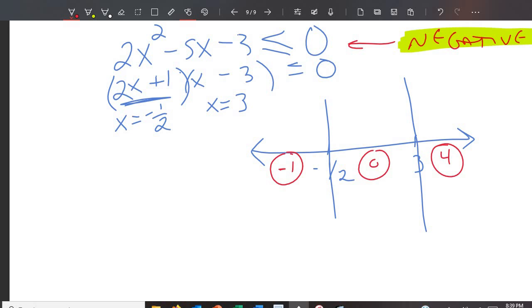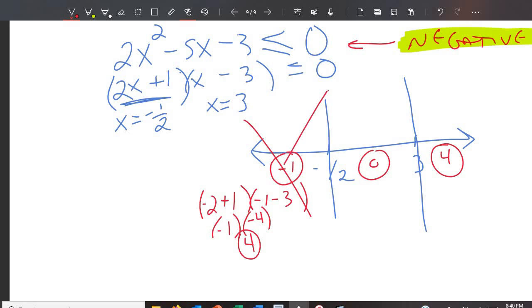So let's go plug those in and see what we come up with. Let's fix that. Alright. It's going to give me a negative times negative 4, which is positive 4. Well, I need my answer to be negative. That means that's not going to work.